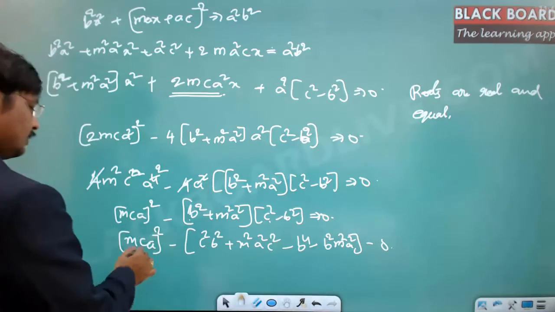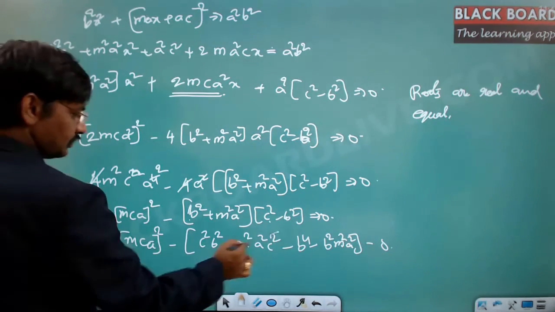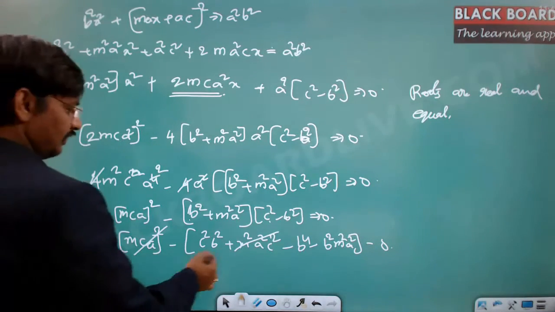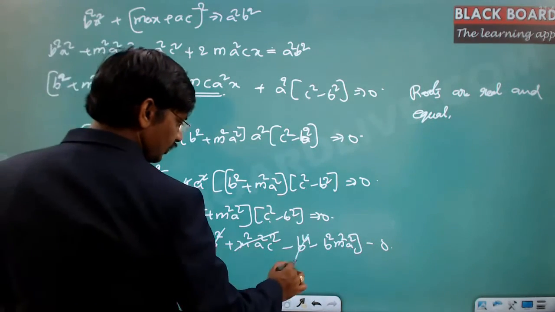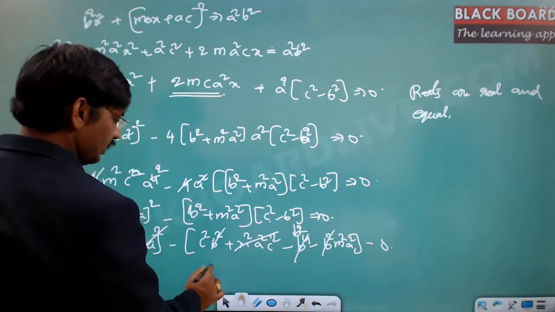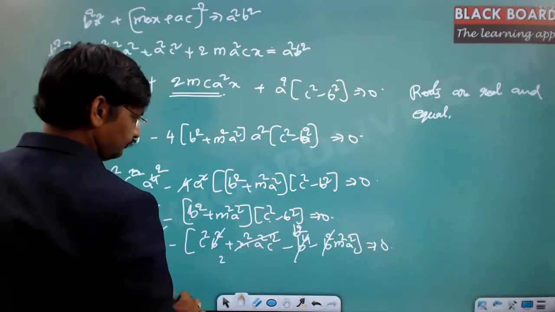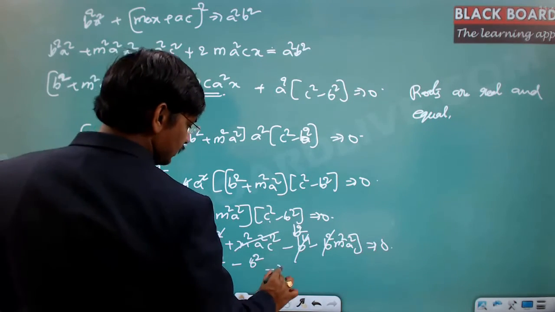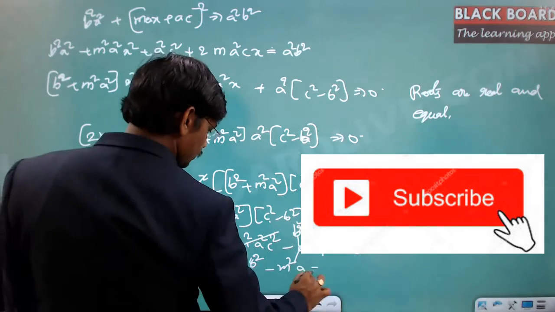Now (mca) whole square appears with both signs, so these two cancel out, and we can take out b square from the rest. So this is going to be b square into (c square minus b square minus m square a square) equal to 0.